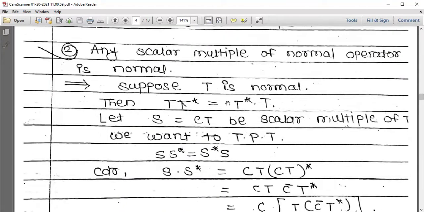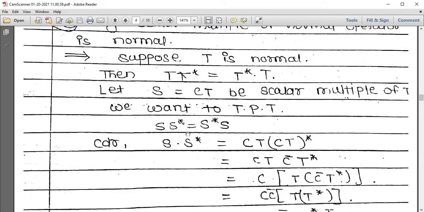Suppose T is normal, then we have T T star is equal to T star T. Now we assume any scalar multiple of the normal operator T. Let that be S, which is equal to C T, a scalar multiple of T. We want to prove that S S star is equal to S star S.